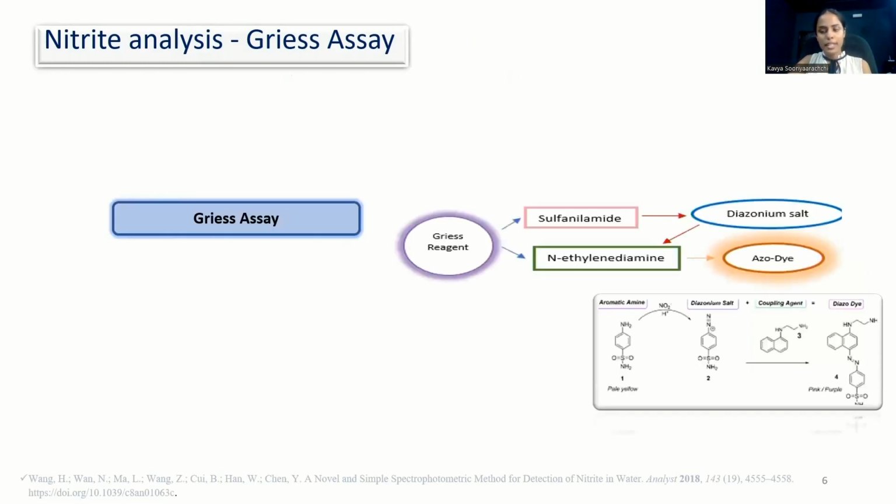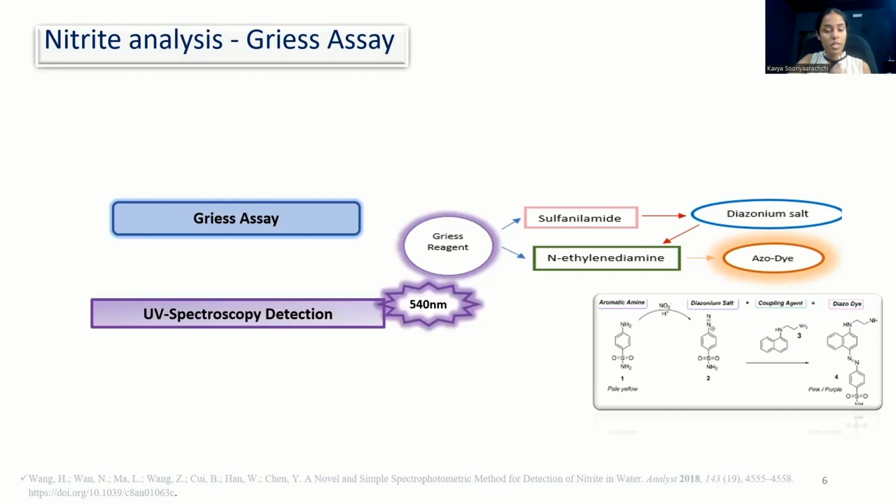In the Griess assay, sulfanilamide, one of the two Griess reagents, reacts with nitrite in the sample in acidic media to produce a diazonium salt, which then couples with the coupling reagent NED to produce a purple azo dye, which we detect through UV spectroscopy at 450 nanometers.